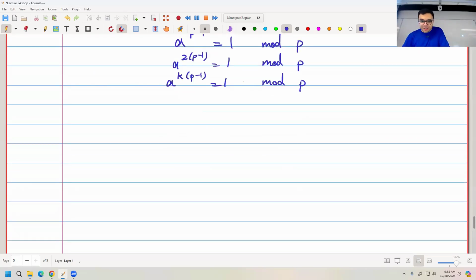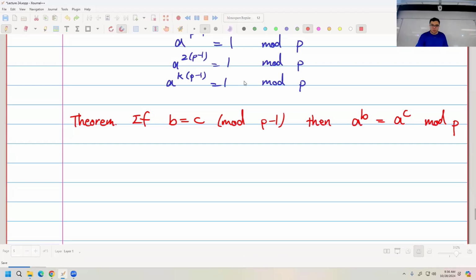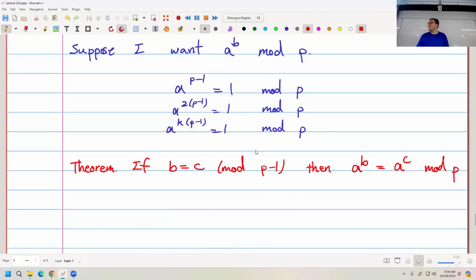So this is my theorem. If B is the same as, let's say, C modulo P minus 1, then A to the B is the same as A to the C modulo P. Right? And I don't need to give you a proof. I just gave you the proof.